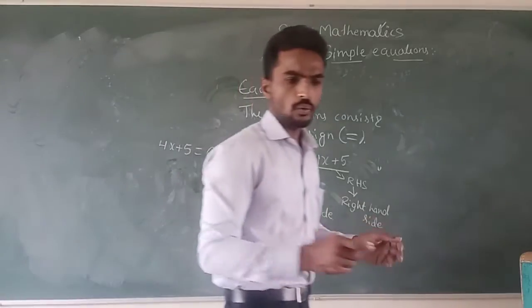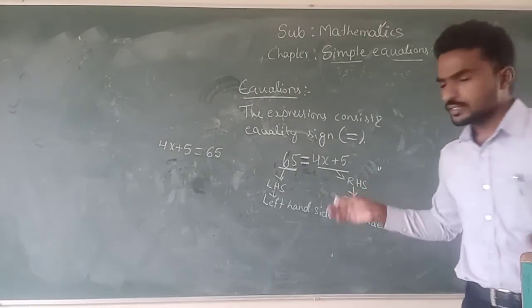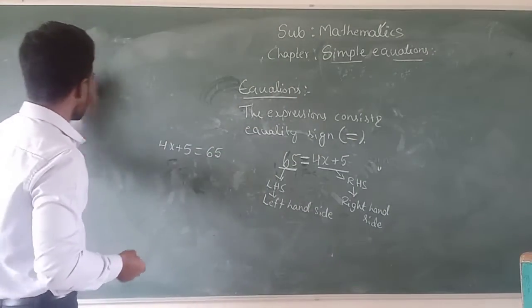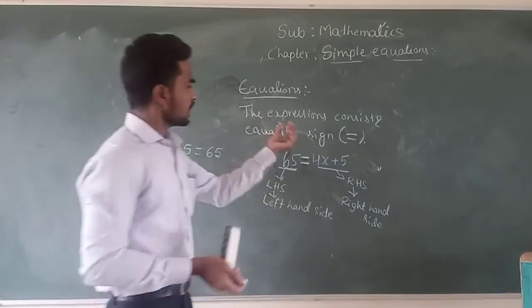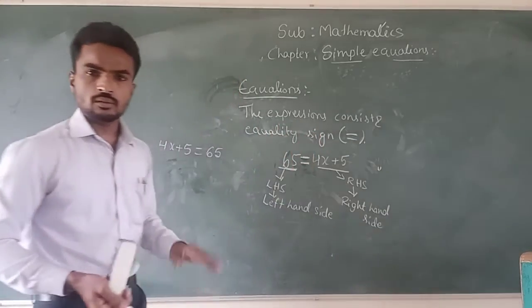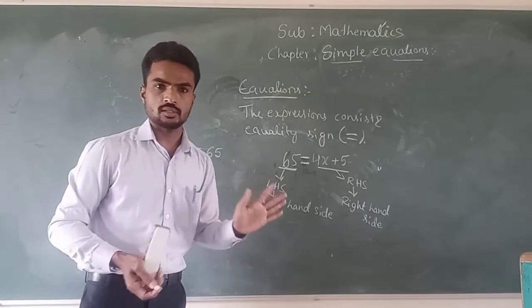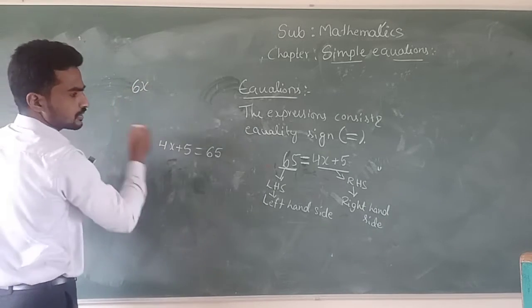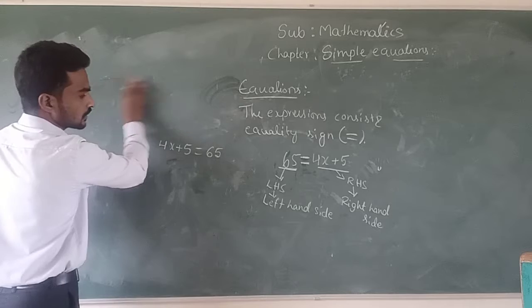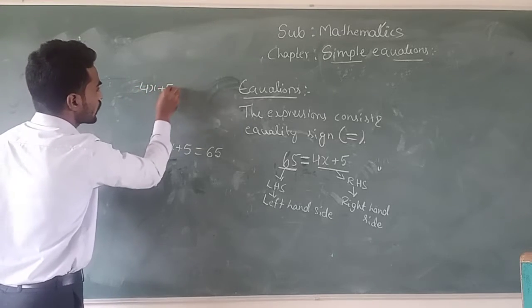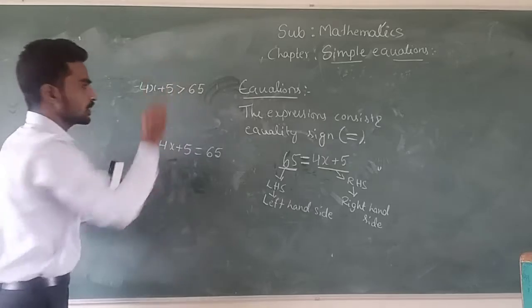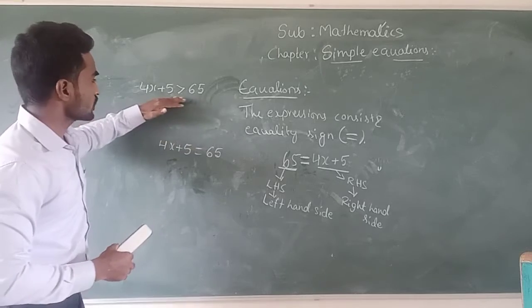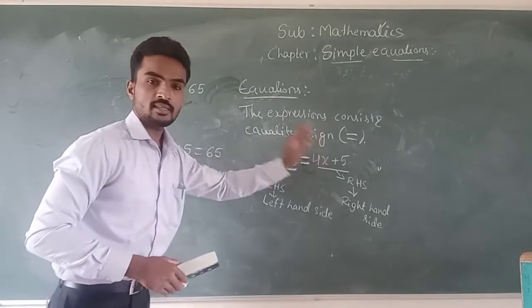Okay. Now, some algebraic expressions contain signs other than the equality sign. Those are called non-equations. For example, consider 4x plus 5 greater than 65. It is not an equation because it does not have any equality sign.